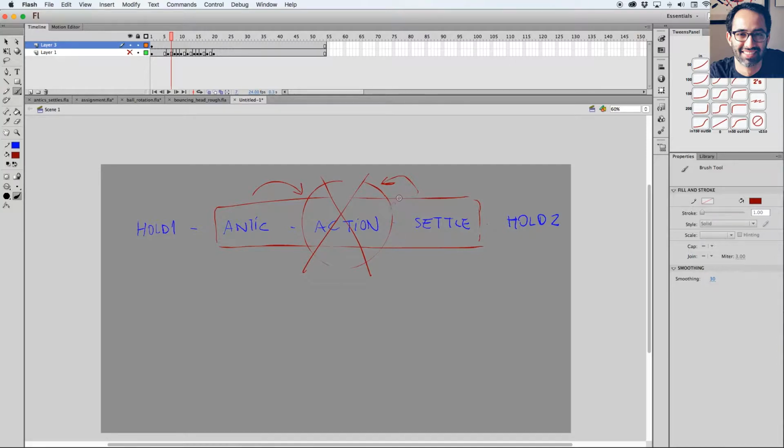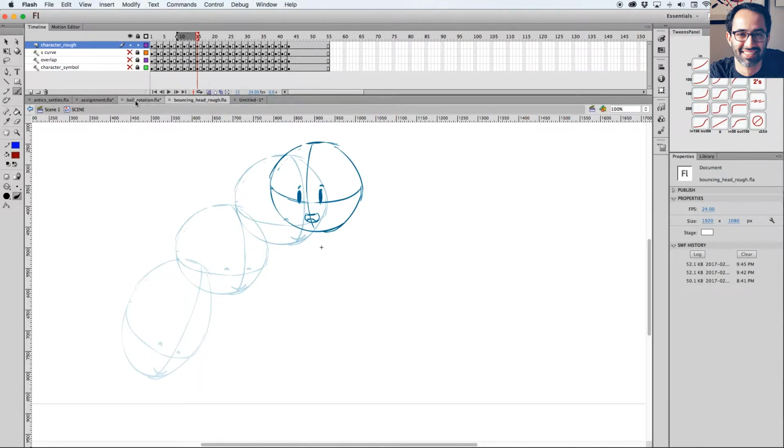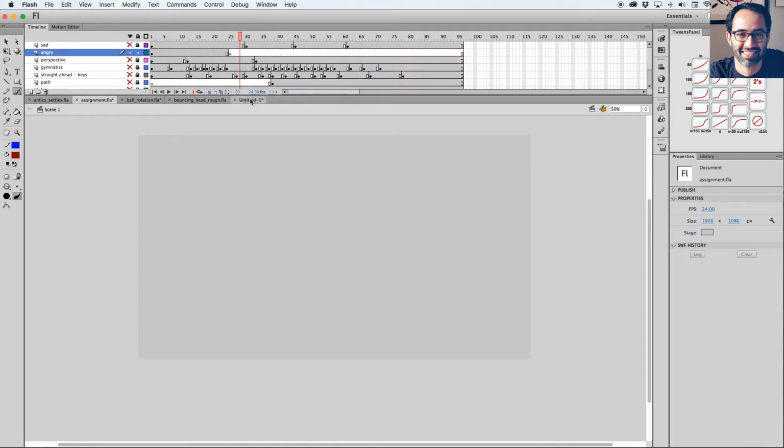So if you really work out your anticipation and settles well, you probably will need some frames there. I'm not saying to get rid of the action, but the action will not be as important anymore, because now you're putting attention to your anticipation and your settle. So that's the structure, and we did a little bit of that here.